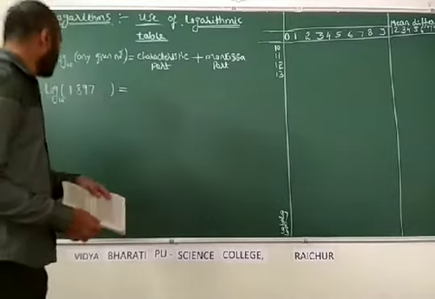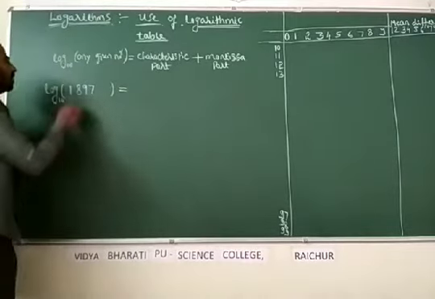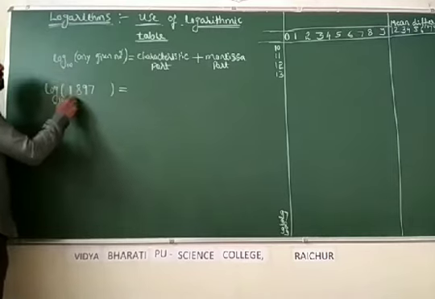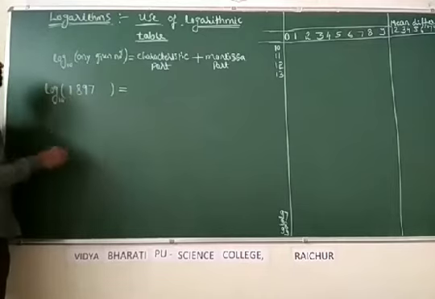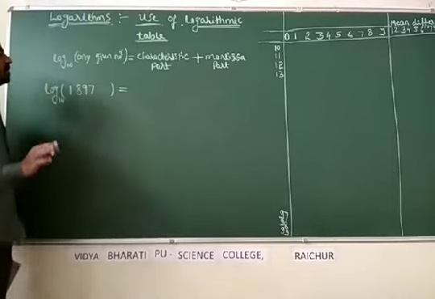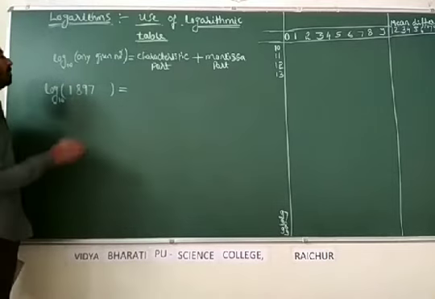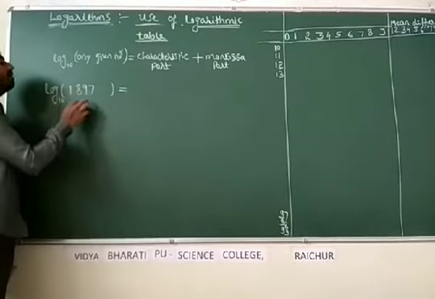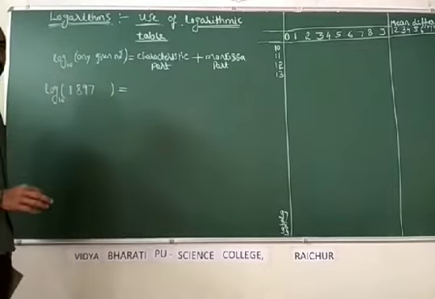I have taken one example here. Suppose I want to find the logarithmic value of 1897. While finding the logarithmic value of this number, the first thing we have to do is make that given number of 4 digits.